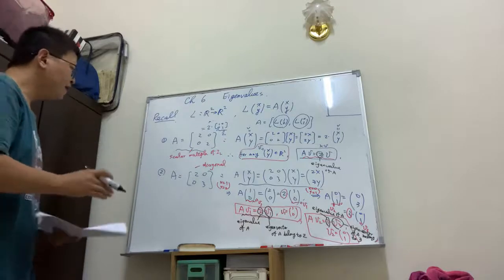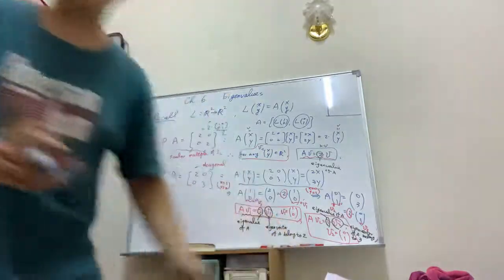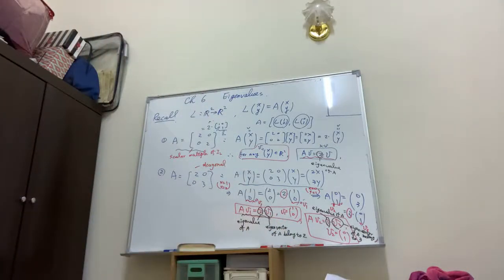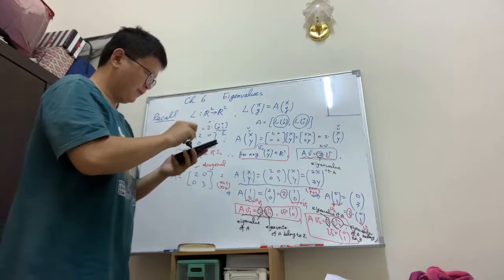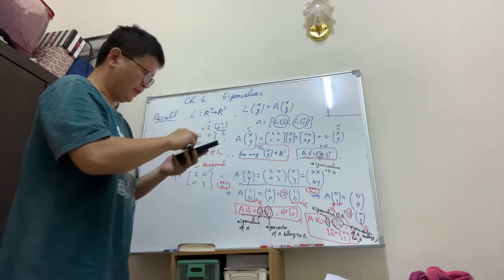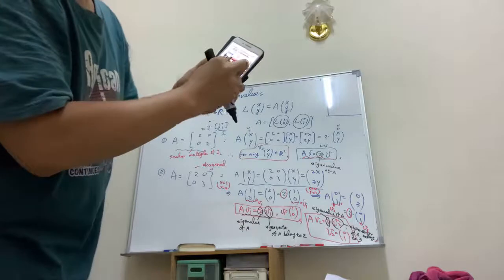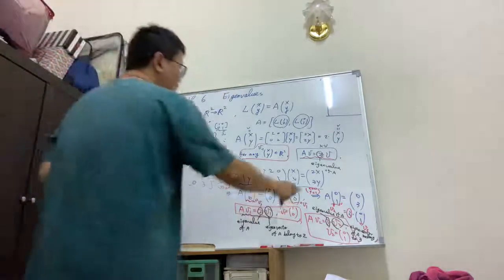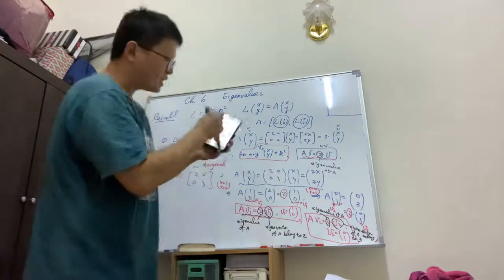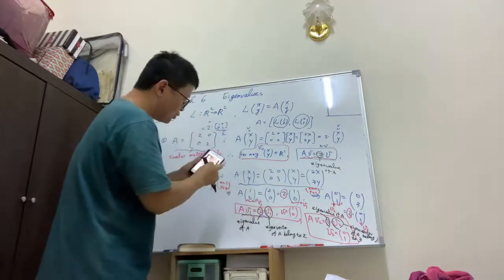So for the eigenvalue or eigenvector, you could view it this way. It's something like we have a picture, and for this picture we could run in or run out. If we fix some vector v, we could run out or run in.